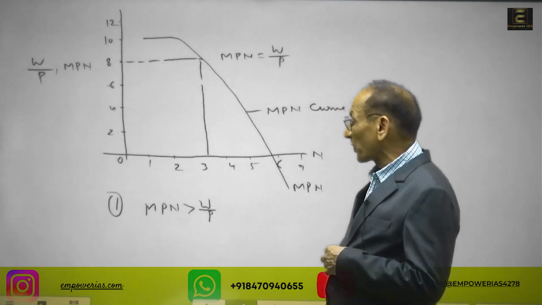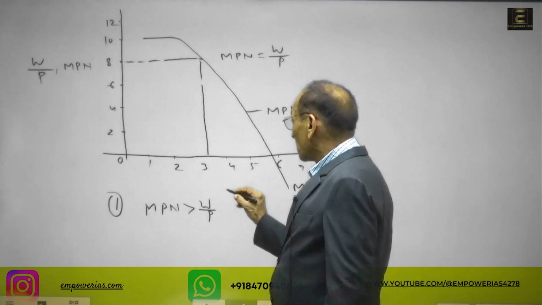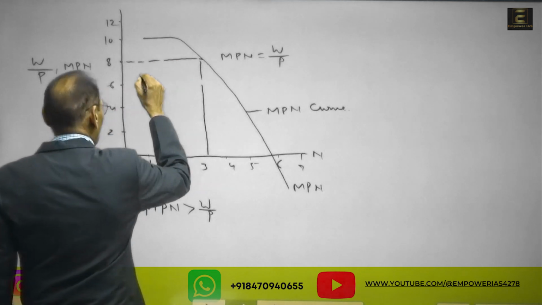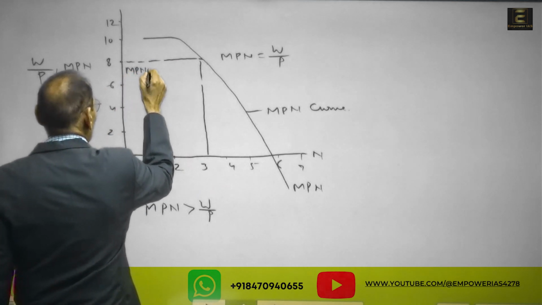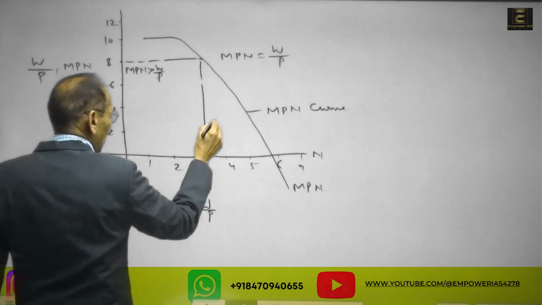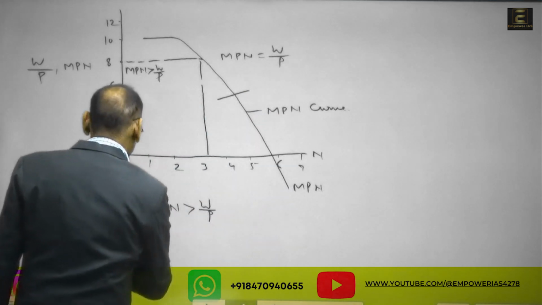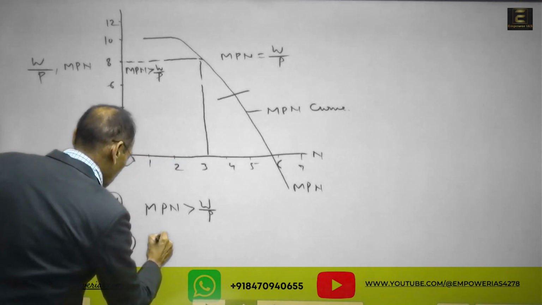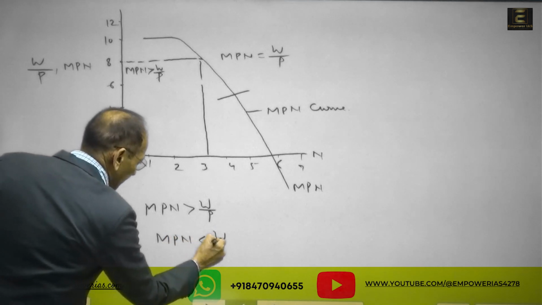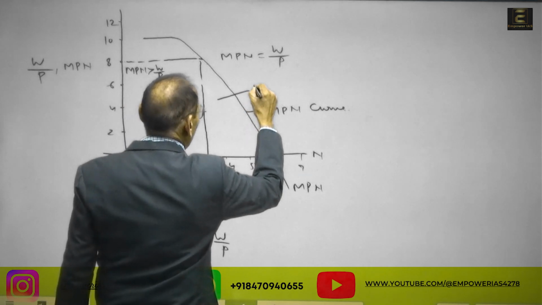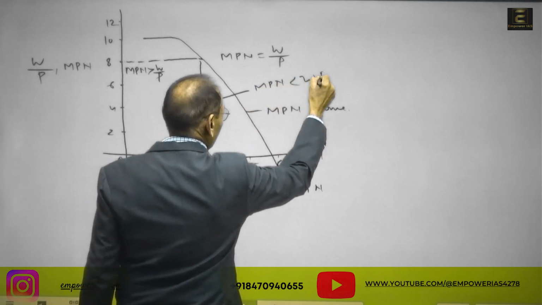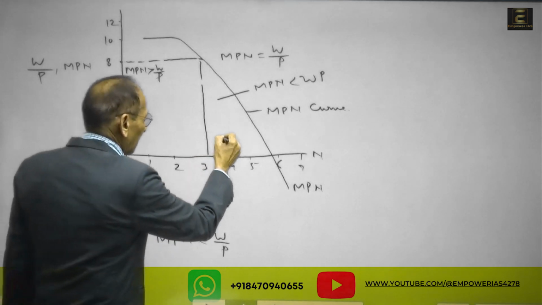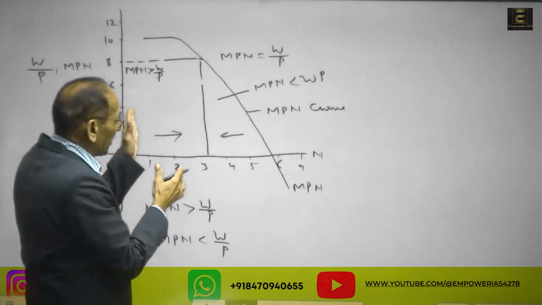Therefore, the firm will increase the number of laborers, and again this will be equal to W by P. In the second case, MPN is less than W by P. It implies that the firm will reduce the number of laborers.